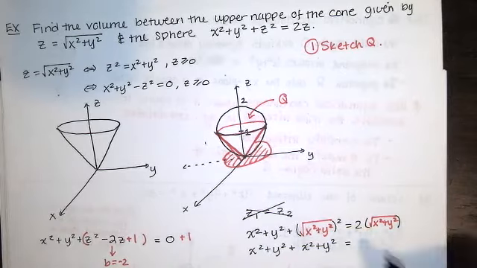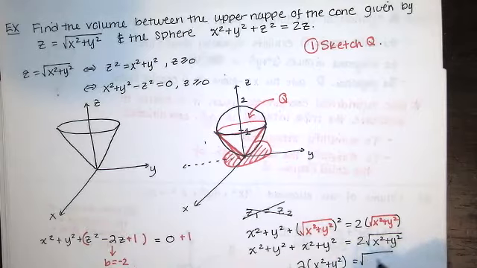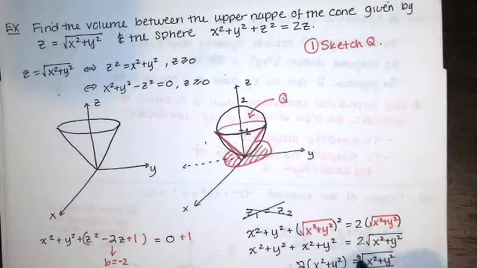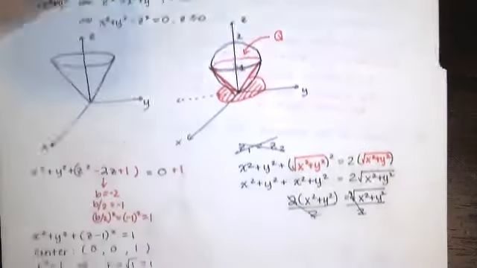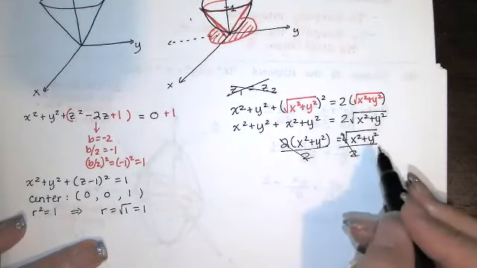Square that and that, and I've got 2 times this over here. Oops, there's a 2 on both sides. Let's divide both sides by 2. Oops, sorry. This will work out just fine.